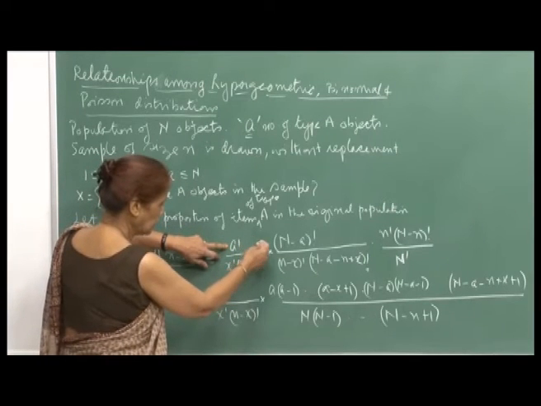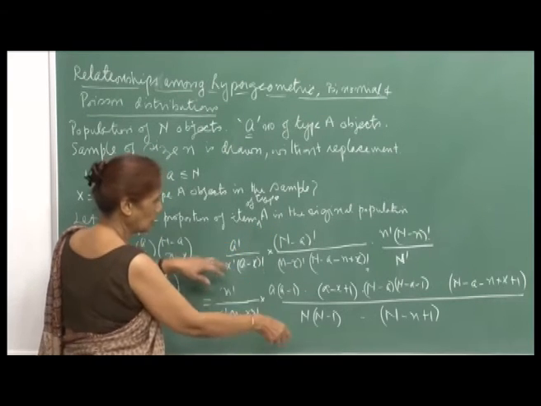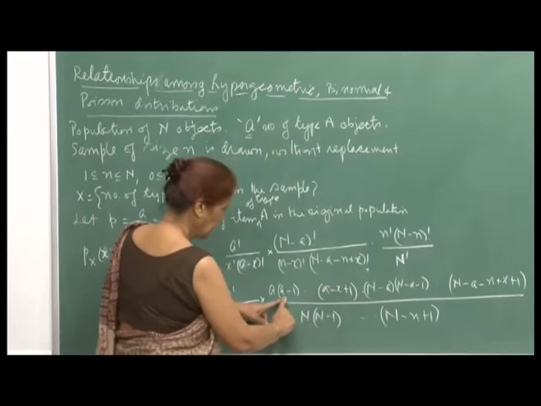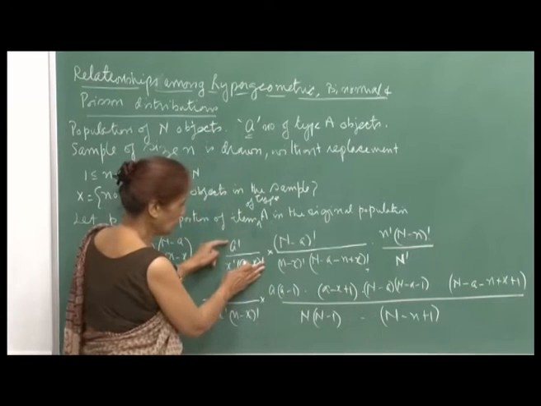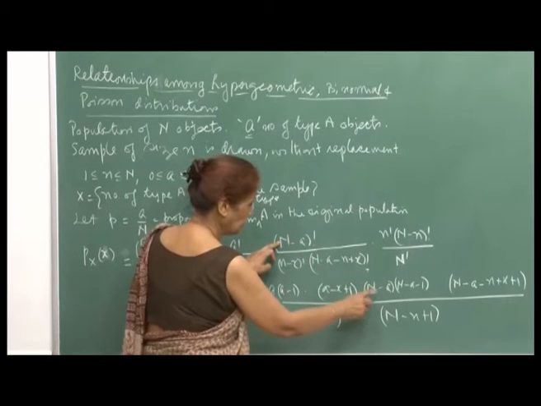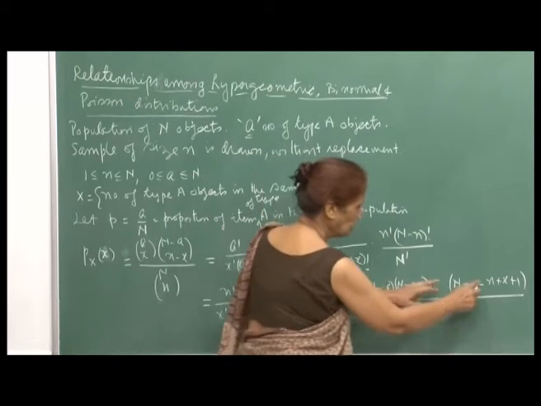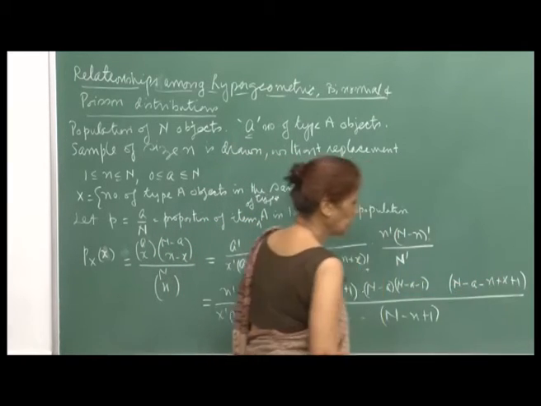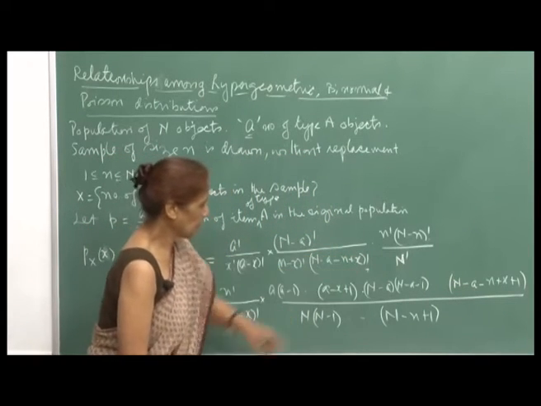So, the terms before A minus x plus 1 will cancel out, and you will be left with A, A minus 1, up to A minus x plus 1. Then similarly here, this many terms will go away, so you will be left with N minus A up to N minus A minus n plus x plus 1.